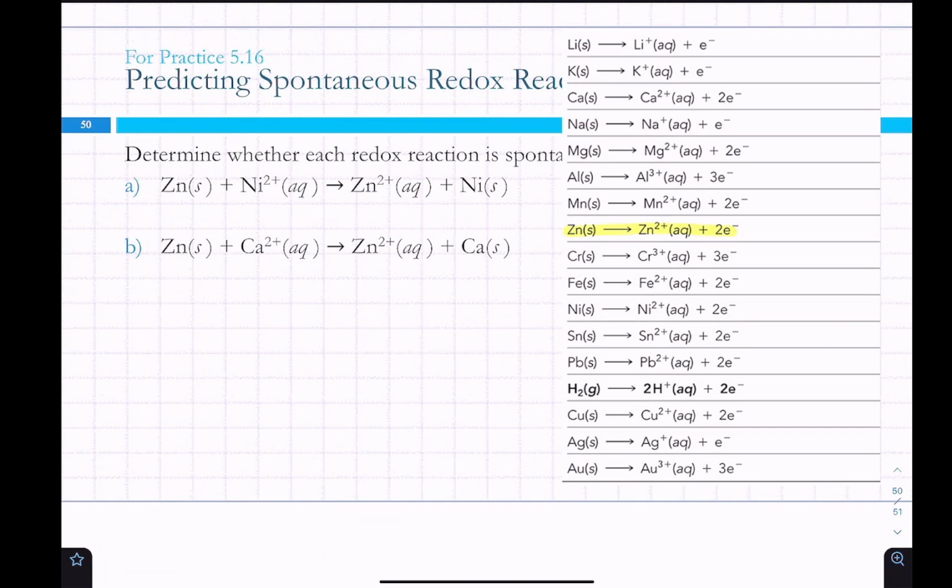And actually, the way to use this is to find in your reactants which one is the metal. And so you find that reaction on the table first. So that's the zinc reaction. And then if nickel's metal reaction is below it on the table, which it is, that will be spontaneous. So this one's spontaneous.